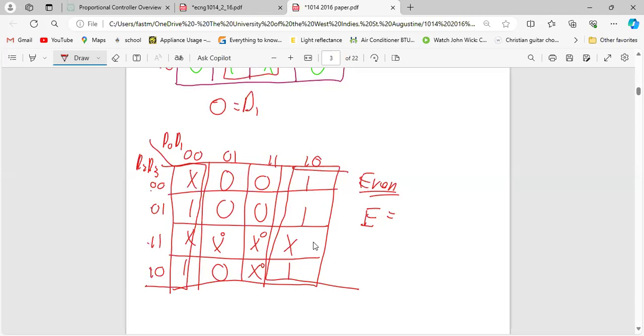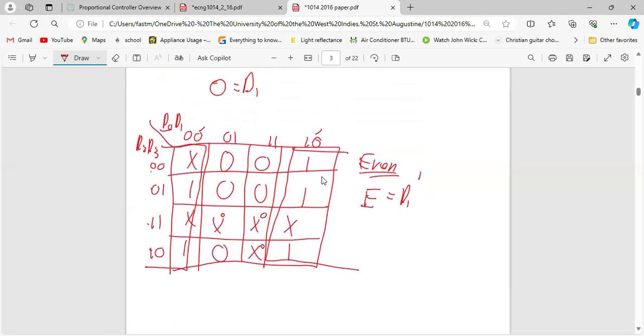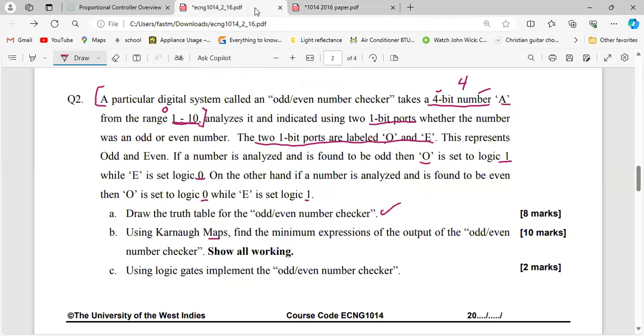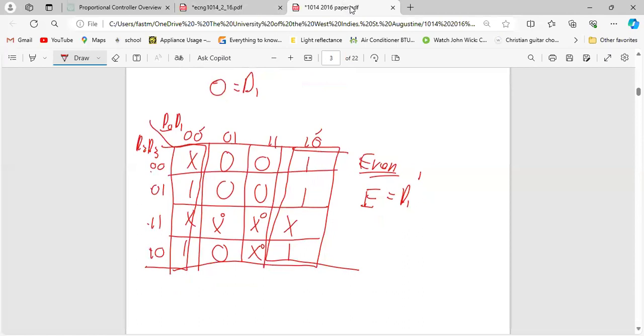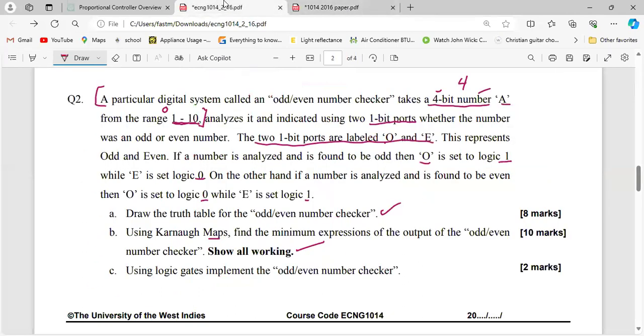So now the answer is going to come from on top. What's common? We have 0 here, we have 0 here, and this one here is not common, it changes. So therefore this would just be D1 prime. Yeah, that's it. That's all that part was. Right, so that was this one. So now we had to get the, yeah, that was it. That's it, 10 marks.